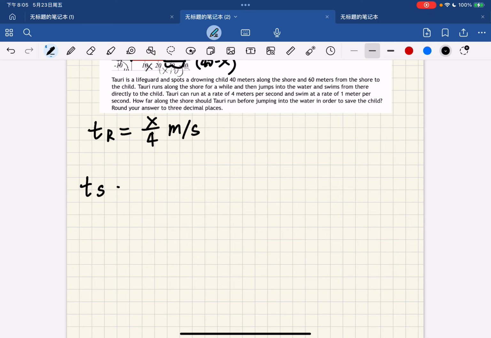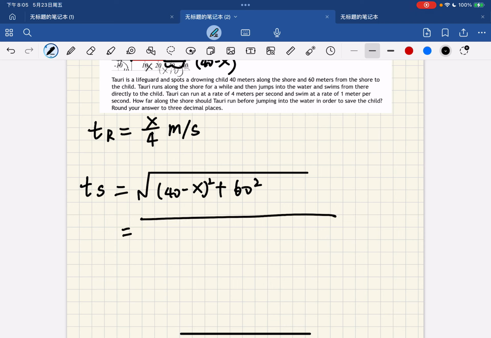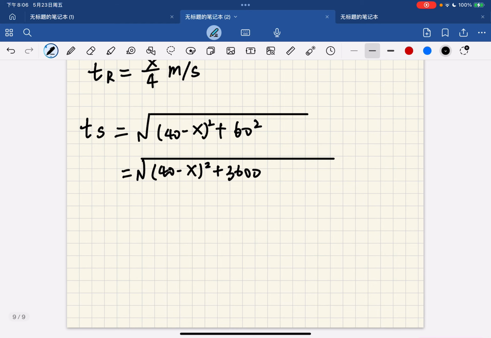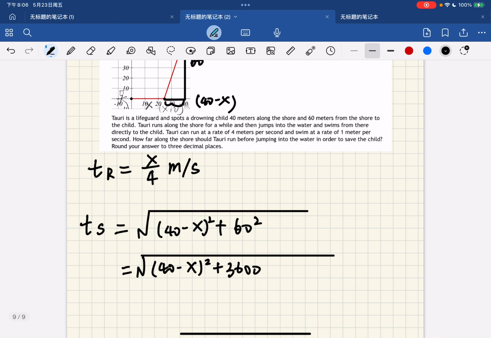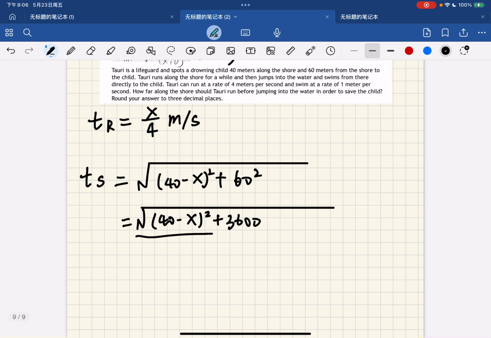So the time of the swimming will equal to the square root part, and because the velocity of swimming is 1 meter per second, we just need to divide it by 1, which just equals the number itself.